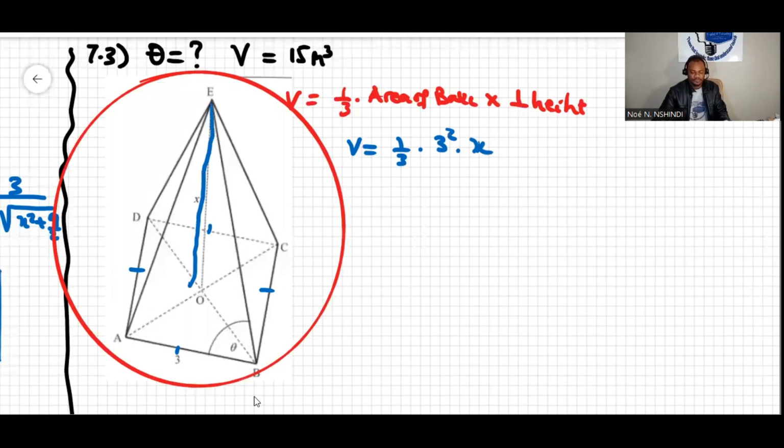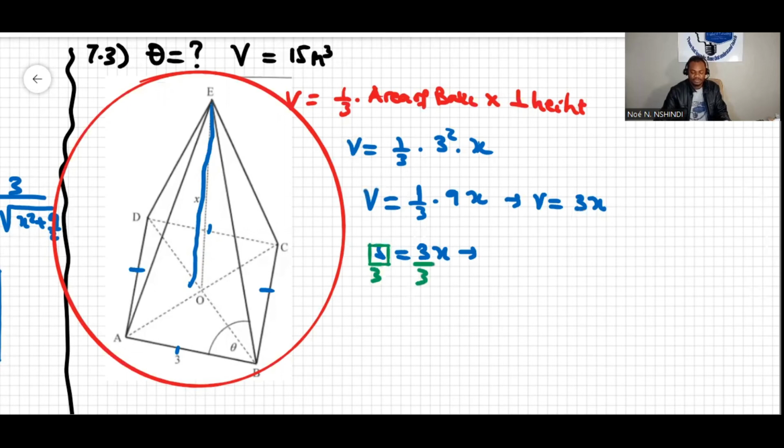So the volume will be equal to 1/3 times 9x, and then the volume is just equal to 3x. So 15 equals 3x. If we need to find x, we just divide both sides by 3, and then we get x is equal to 5. Okay, 5 meters.